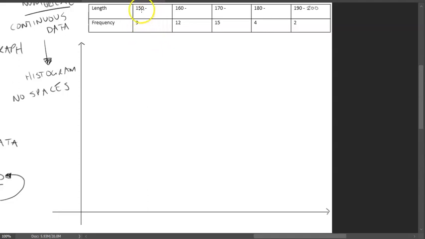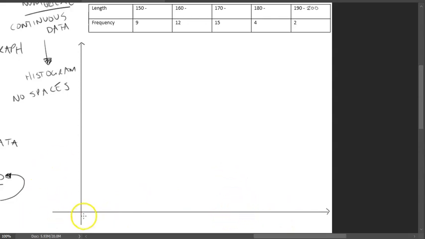Because 150 is the lowest number, we find it pointless if we start with 0 and then go to 10 and then go to 20 and then go to 30 and 40, etc., all the way to 150, because then there's going to be this massive chunk of information that's going to be pretty much almost irrelevant to the histogram itself.